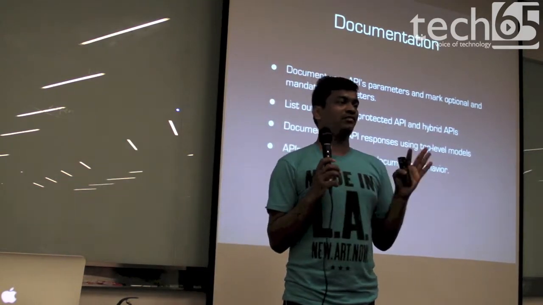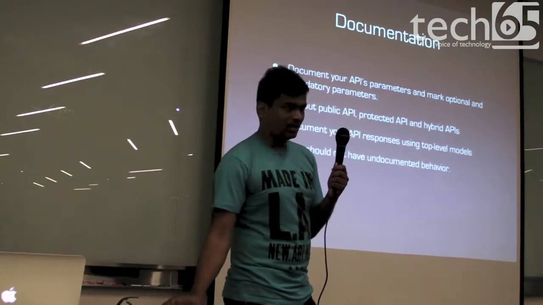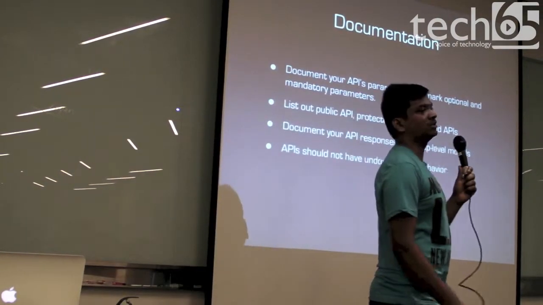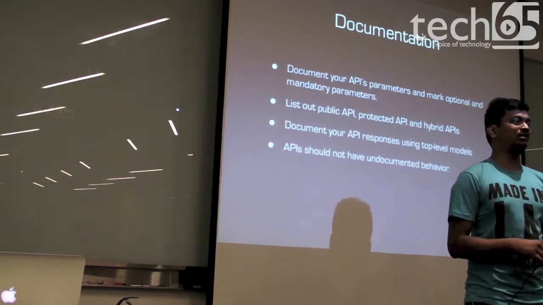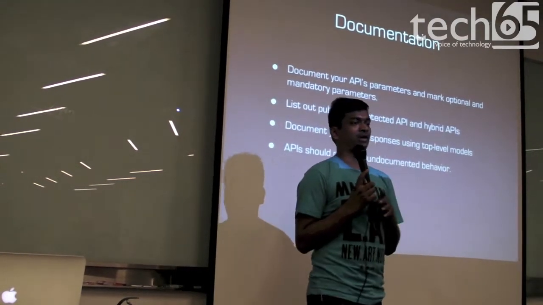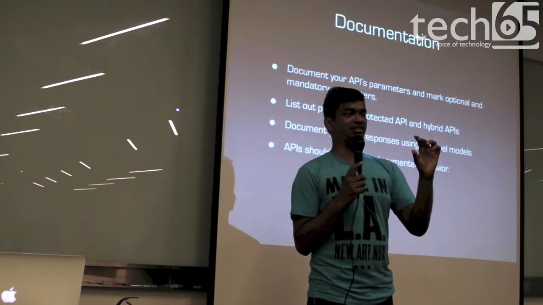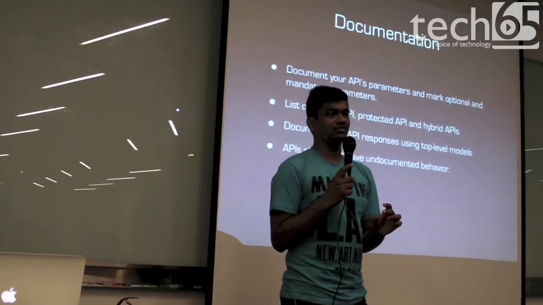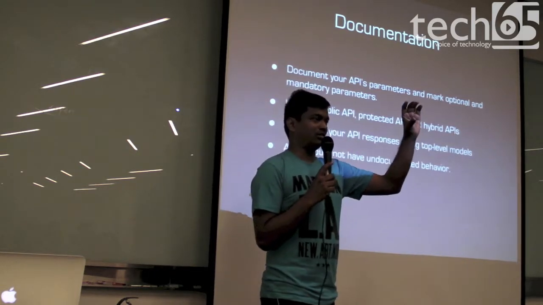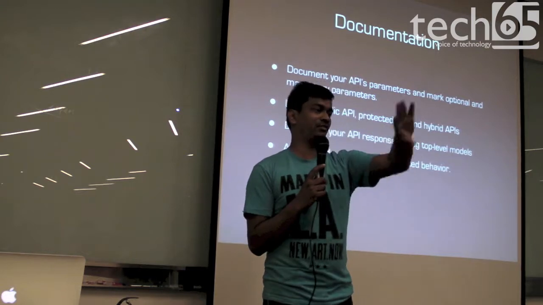Lastly, APIs should not have undocumented behavior. And what I mean by this is, if you are allowing a user to access protected data, you should validate every single parameter that is passed. You should never have an else clause in your if statements. Okay? If gender equal to male, send this information, else send this information.